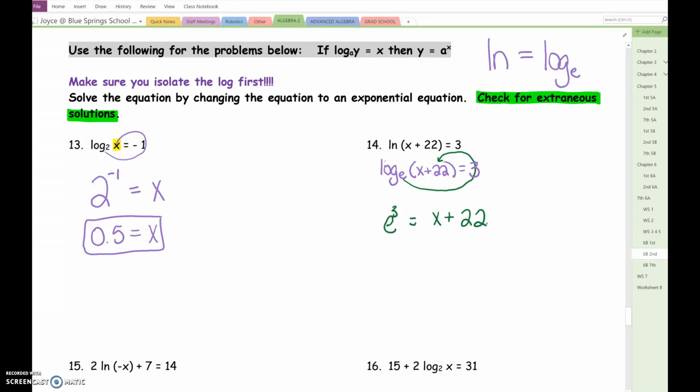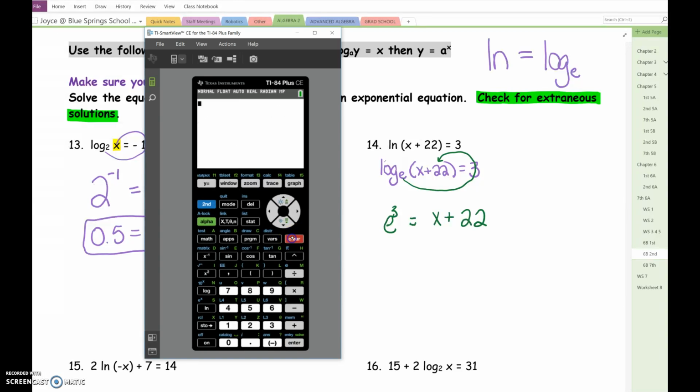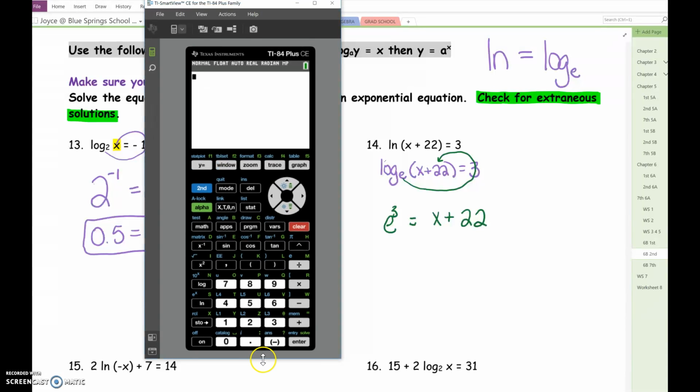E to the 3rd, we can do that in our calculator. Remember, it's with your ln button, so wherever the ln button is, that's where you're going to find e. Second ln button, and then 3, 20.09.